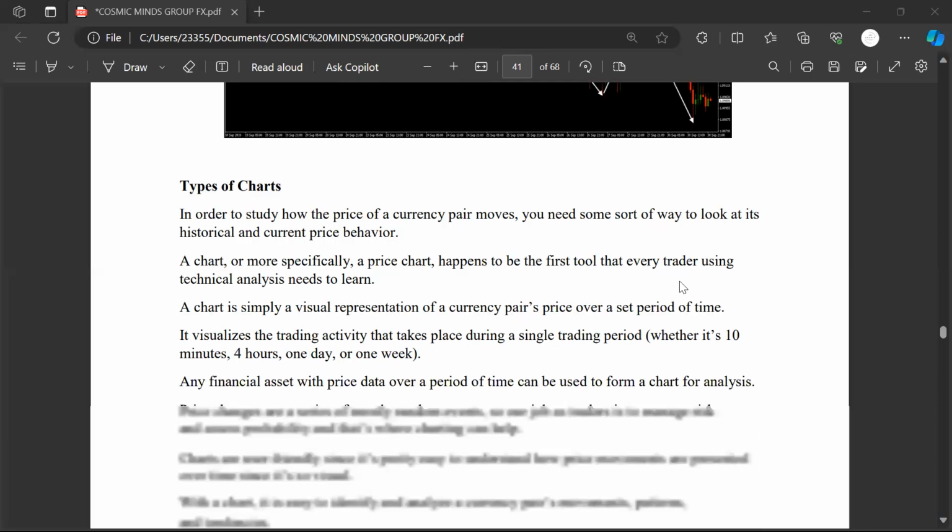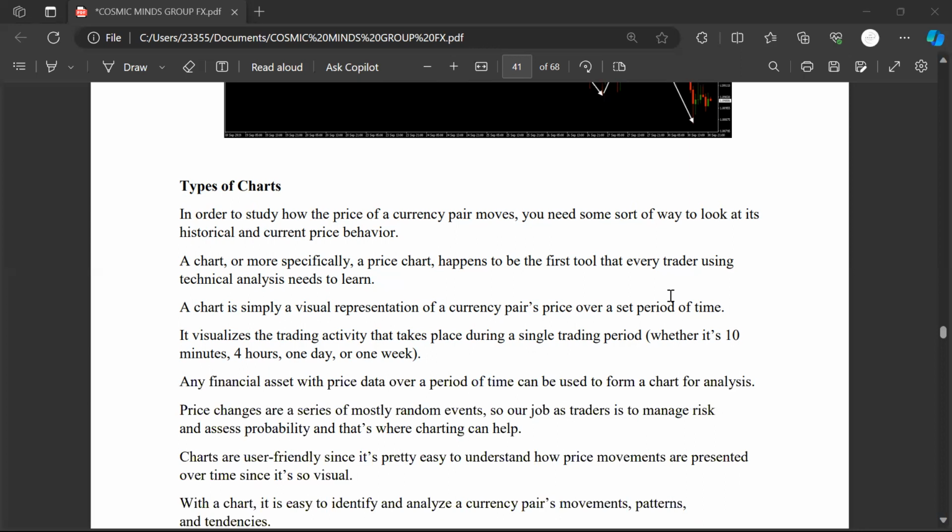Any financial asset with price data over a period of time can be used to form a chart for analysis. Price changes are a series of mostly random events, so our job as traders is to manage risk and assess probability, and that's where charting can help.